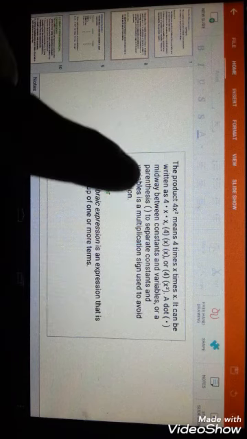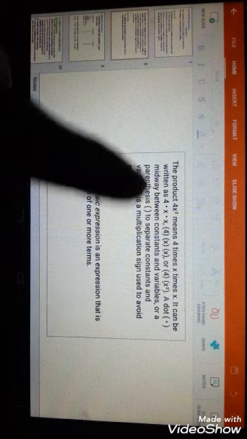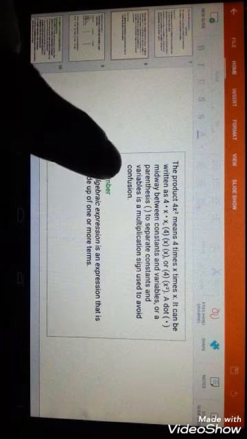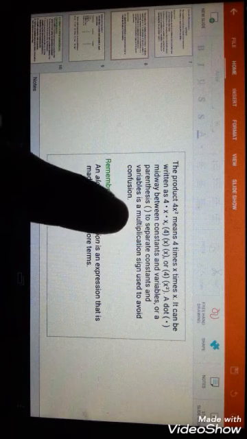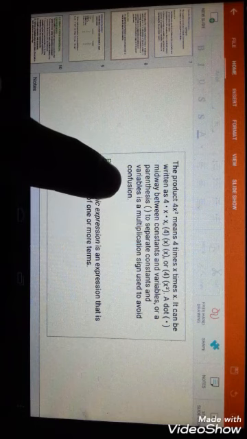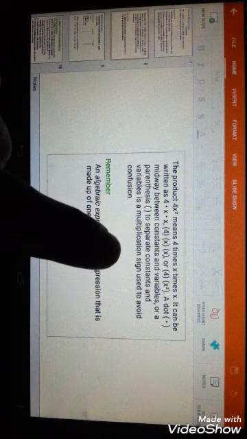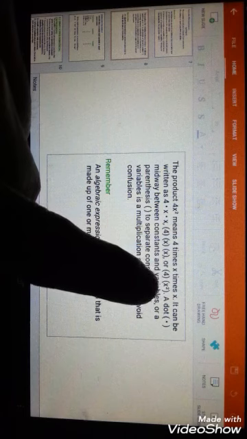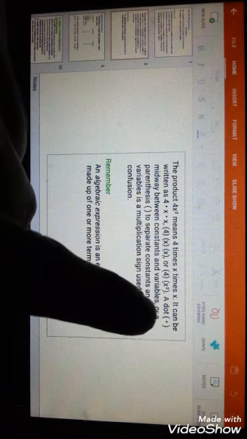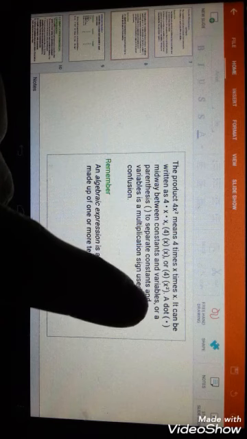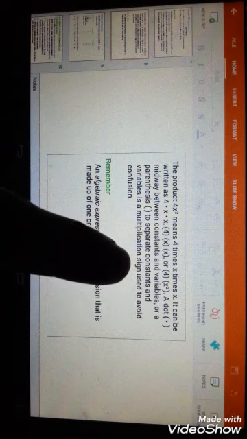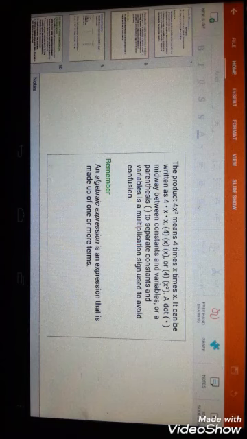A dot or parentheses midway between constants and variables is used as a multiplication sign to separate them and avoid confusion when solving the problem.